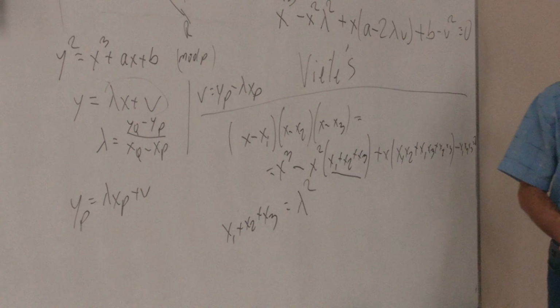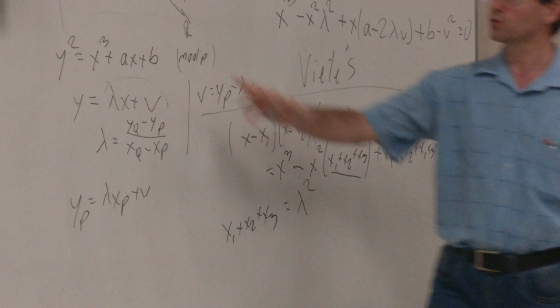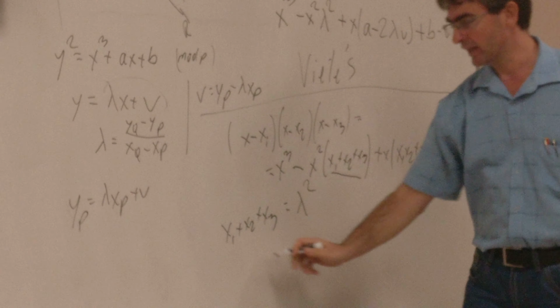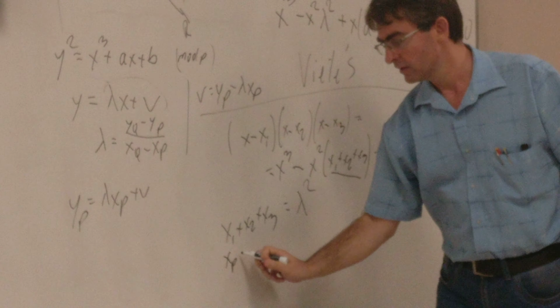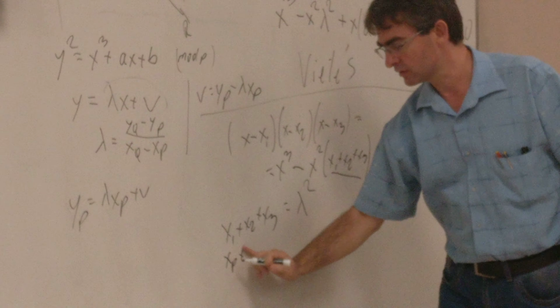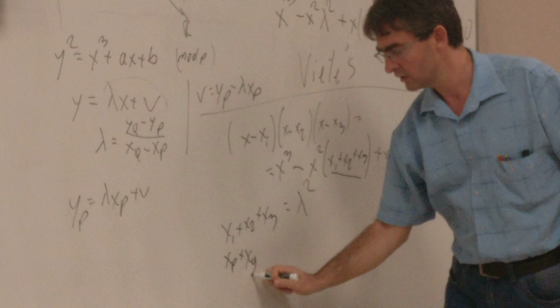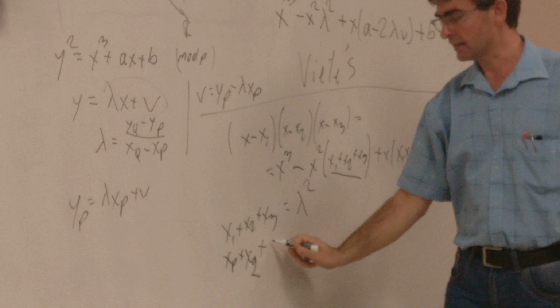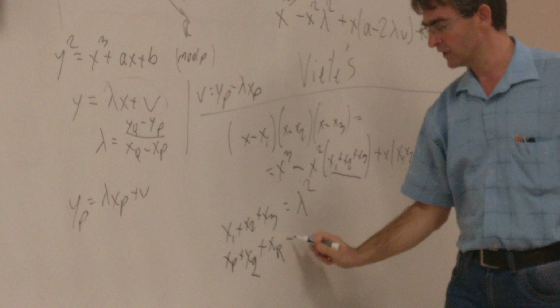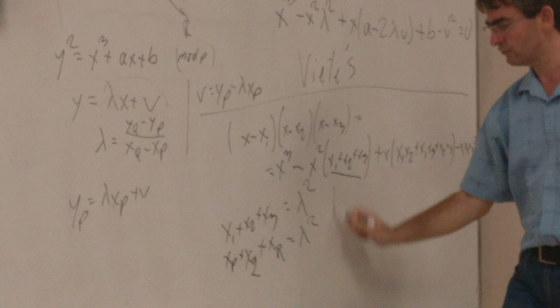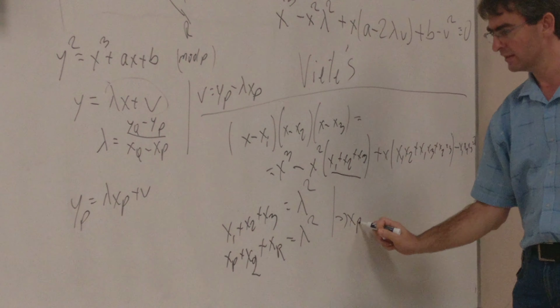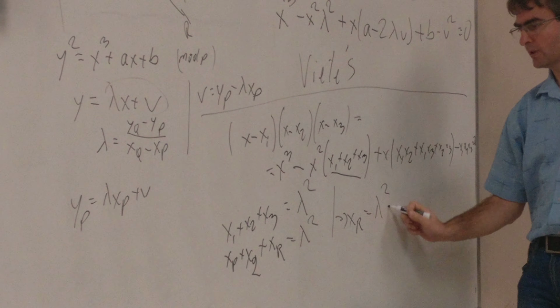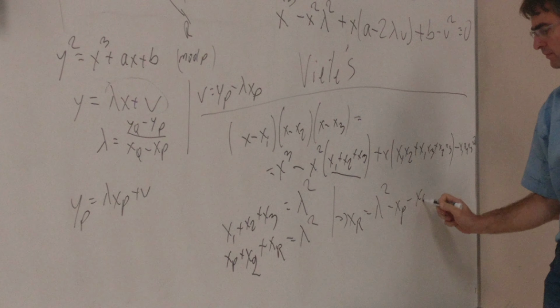In our case, we already know the x for 2 points on the graph, xp and xq, and the only one we don't know is xr. But we know their sum is lambda squared, therefore xr is equal to lambda squared minus xp minus xq.